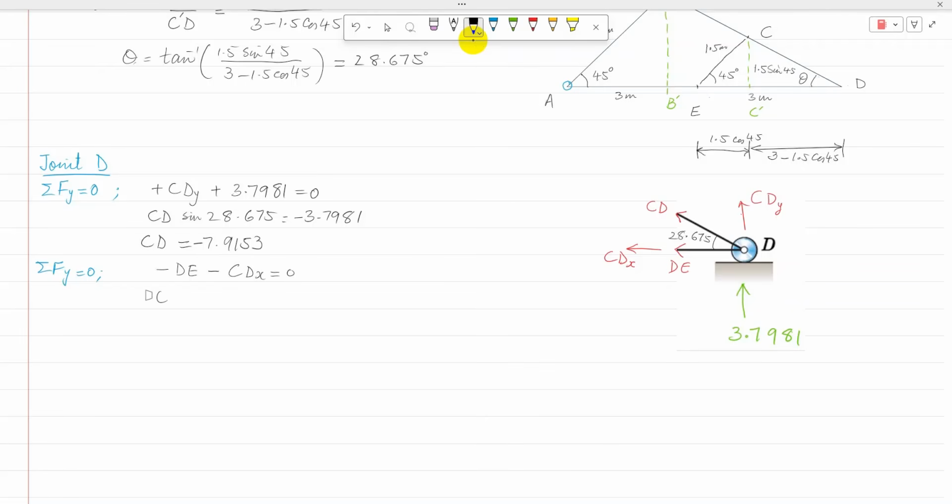So DE is CD minus CDX, which is equal to minus 7.9153 into sine, because cosine, that is 28.675. So then DE is plus 6.9446 kilonewton. So now I go and see what are the rules for interpretation of signs.